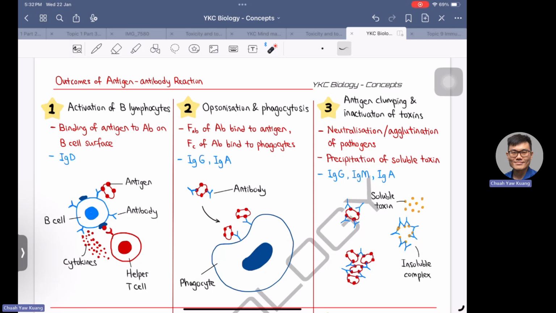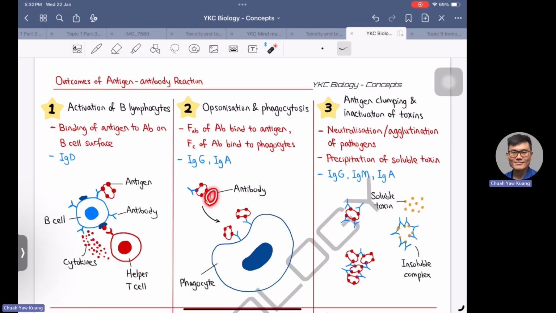So the antibody will bind the antigen and cause this pathogen to be stuck at the surface of the phagocyte by binding their FC region to the FC receptor. When all of these pathogens are stuck on the surface of the phagocyte, the phagocyte can then easily do the phagocytosis and engulf all of these pathogens.